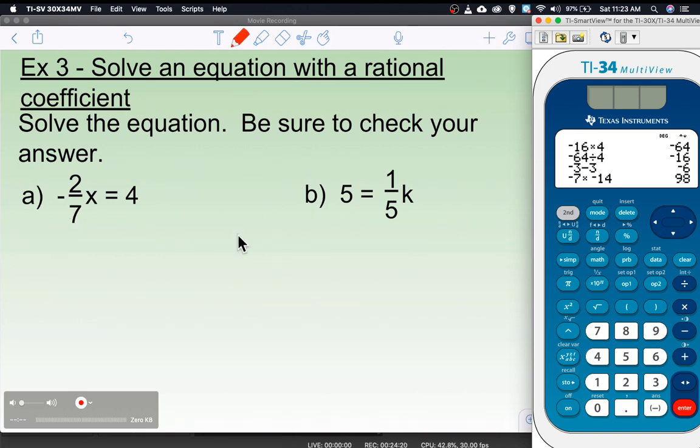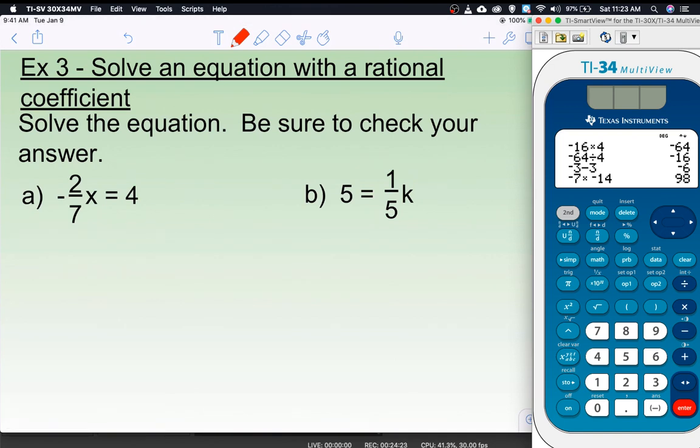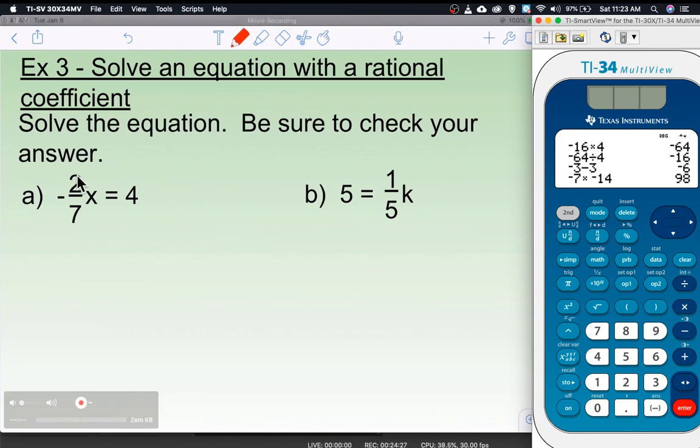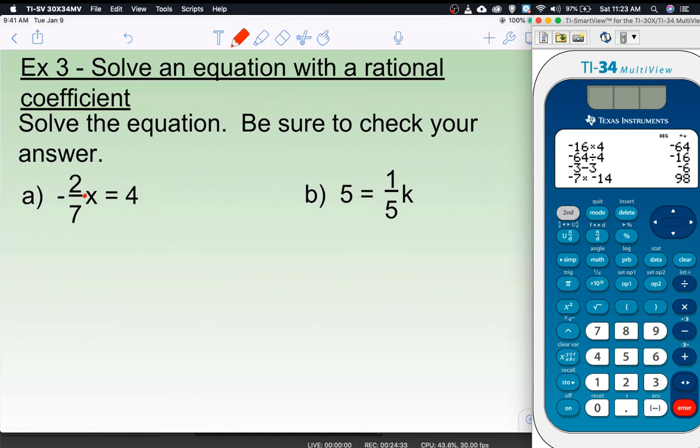So we want to be able to solve this equation. You can, with the use of your calculator, say, this is -2/7 times x. This is a multiply. So if I divide by -2/7 on both sides, I should get the answer.